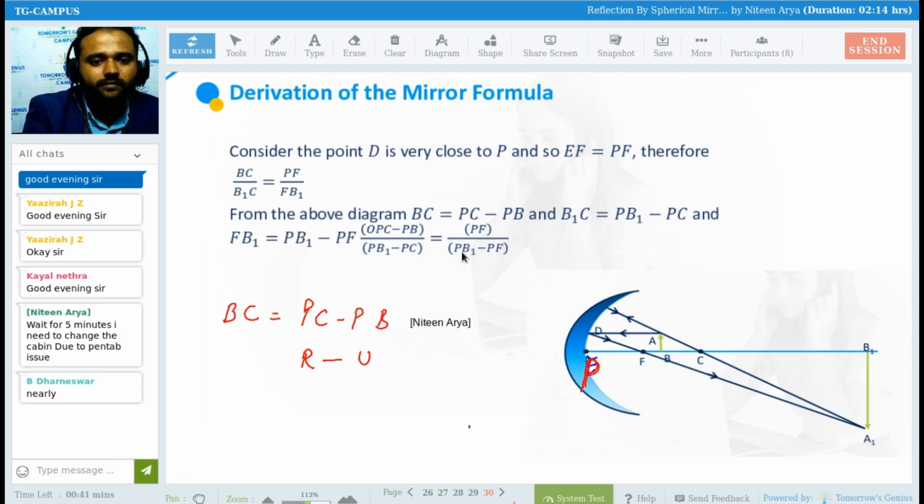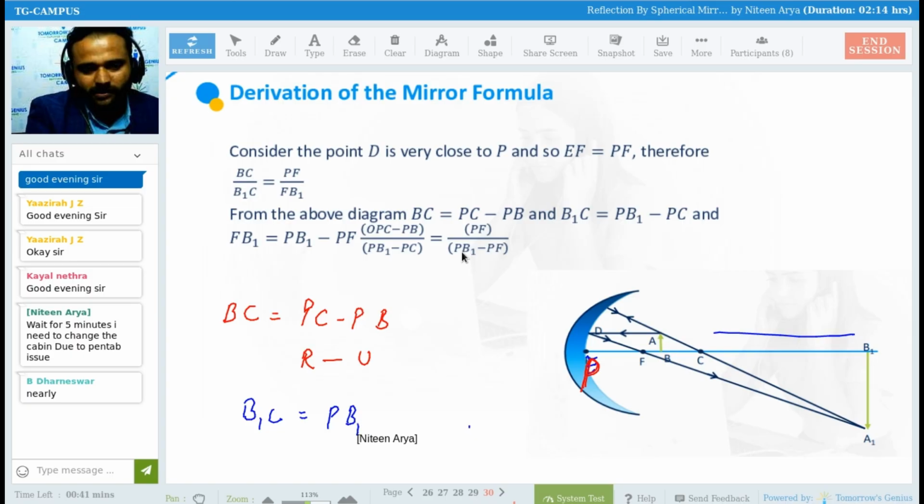Is this clear? And in the same way, this distance B1C is PB1 minus PC.